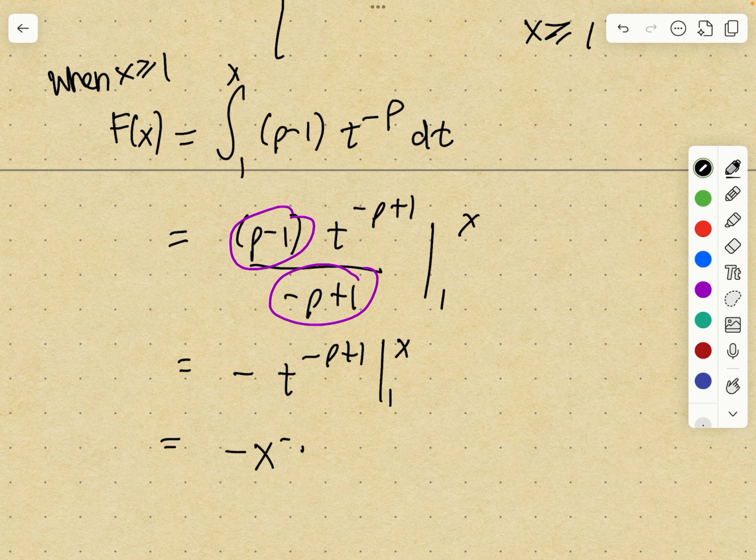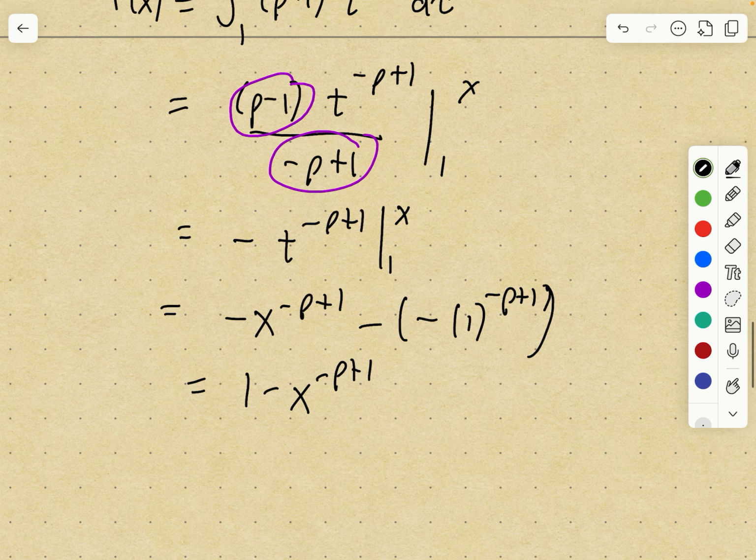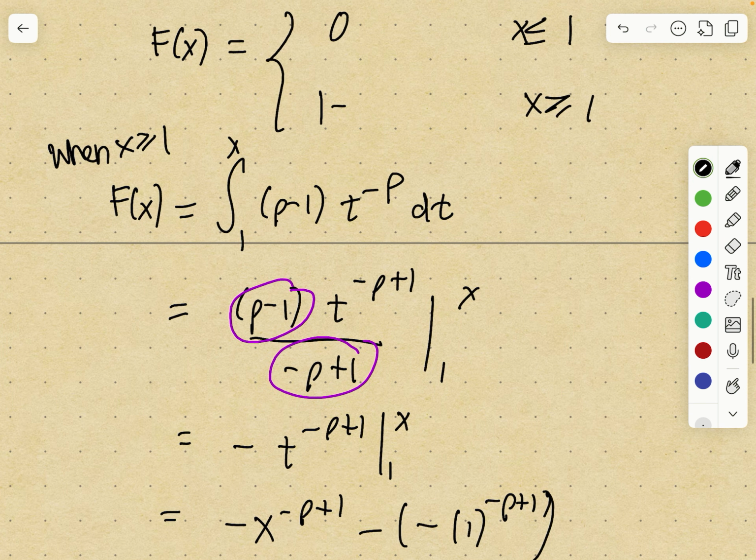That's negative x to the negative rho plus 1 minus negative 1 to the negative rho plus 1. That's just negative 1. So you're going to get 1 minus x to the negative rho plus 1. So that's the distribution function for this distribution.